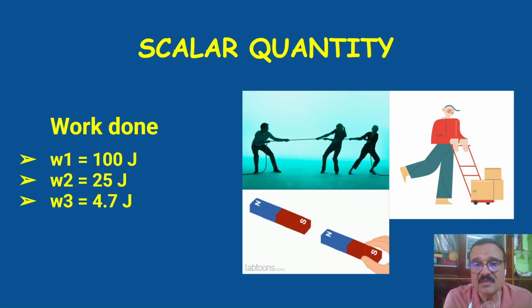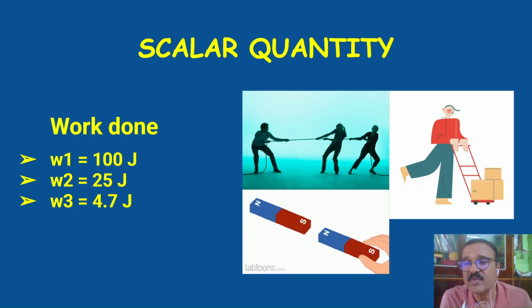But if those two girls apply more pulling force towards the right than the boy who is pulling the rope to the left, then the rope will move towards the right and that boy will be displaced towards the right.